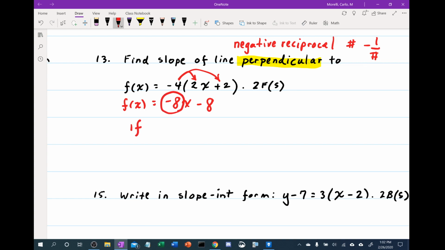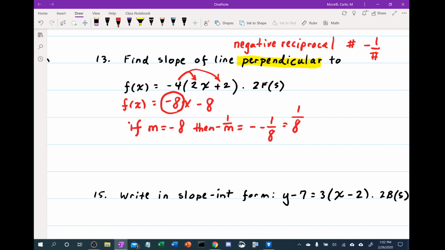So if m equals -8, which it does, then the negative reciprocal of m, -1 over m, equals -1 over -8, which is 1 over 8.